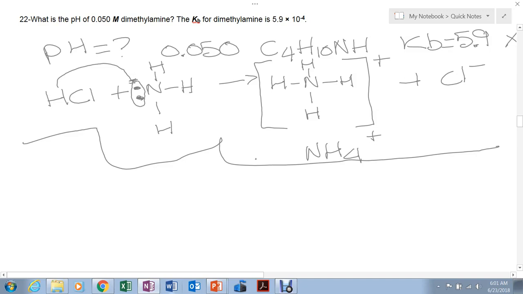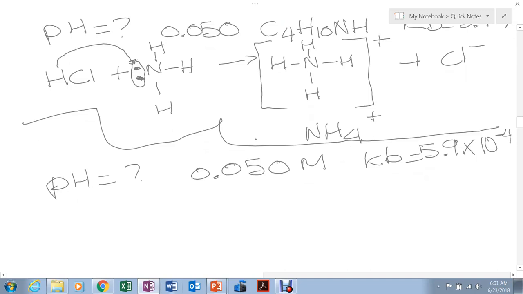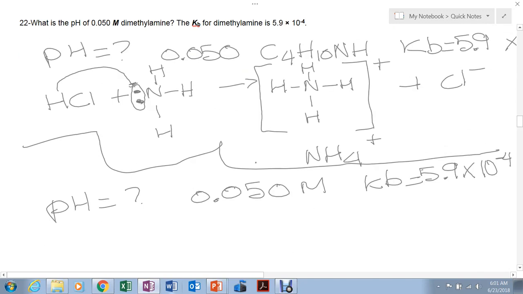So it's asking for the pH of 0.050 M, and with a Kb of 5.9 by 10 to the negative 4. Now, we know already that we have to do the whole quadratic equation. Why?